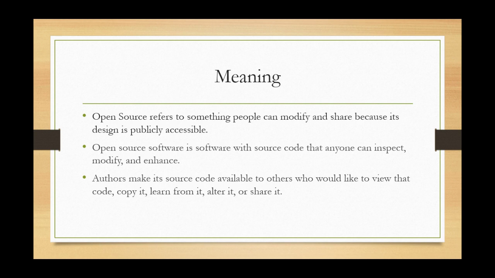No one is restricted from using it. So open source is something without restriction, that anybody can use, anybody can modify, and you can even share, simply because it is allowed to be accessible publicly.